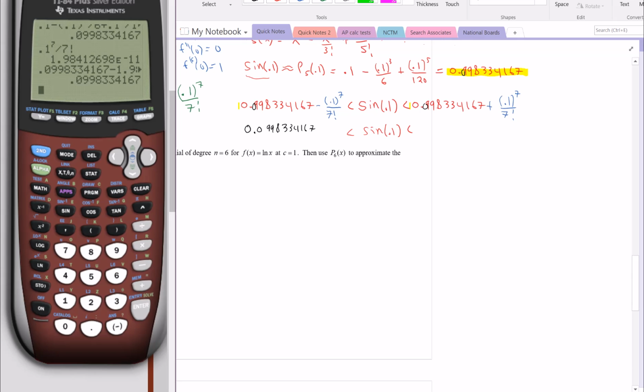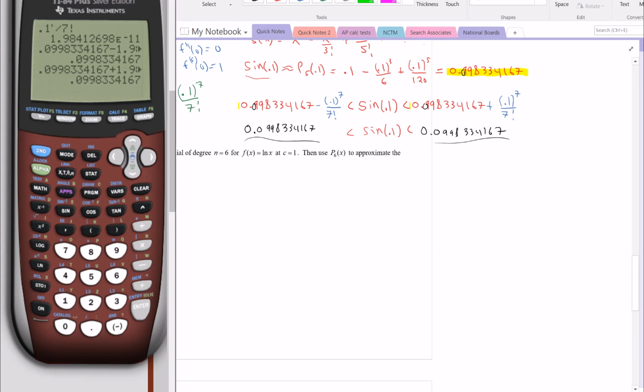0.09983341667, right? And then if I take my approximation again, but this time we're going to add the error, which was the 7th term, and we're going to get 0.09983341667. Turns out that the calculator itself is out of accuracy, right?